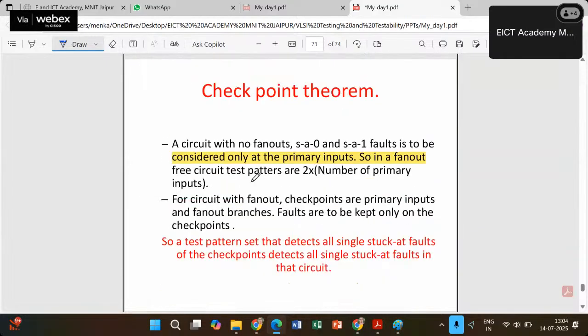The checkpoint theorem says that for a circuit with no fan outs, stuck-at-0 and stuck-at-1 faults are to be considered only at the primary inputs. So in a fan out free circuit, the total test patterns will be 2 into the number of primary inputs. For a circuit with fan outs, the checkpoints are the primary inputs plus the fan out branches, so the total test patterns will be 2 into the checkpoints.